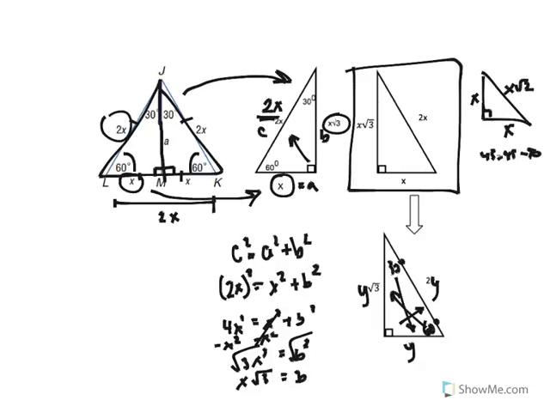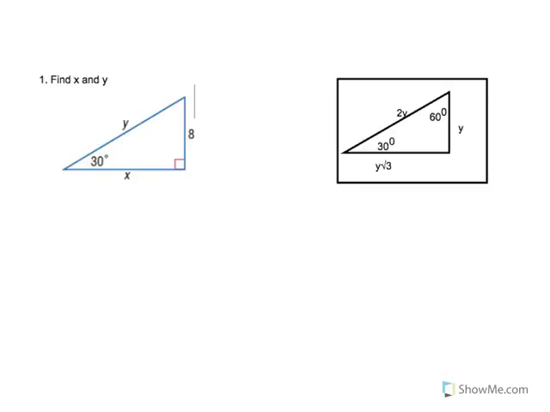And this right here is the relationship. y is always going to be across from the 30-degree angle, y square root of 3 is always going to be across from the 60-degree angle, and 2y is always going to be across from the 90-degree angle.